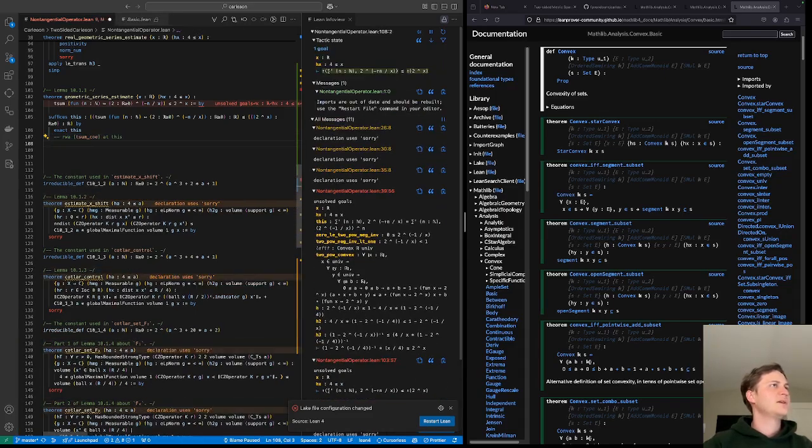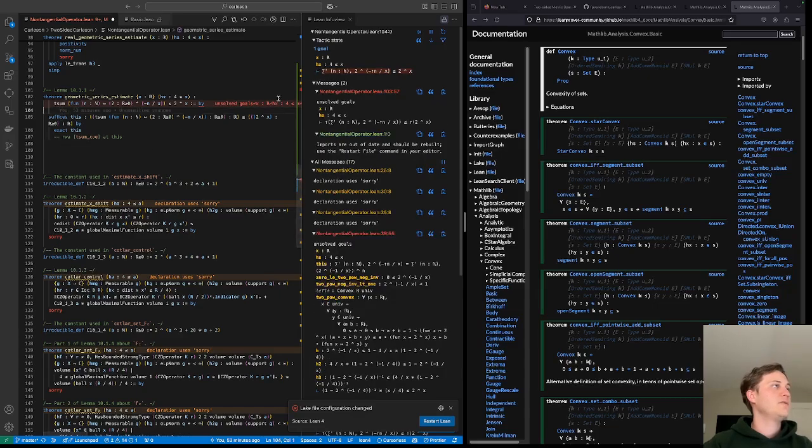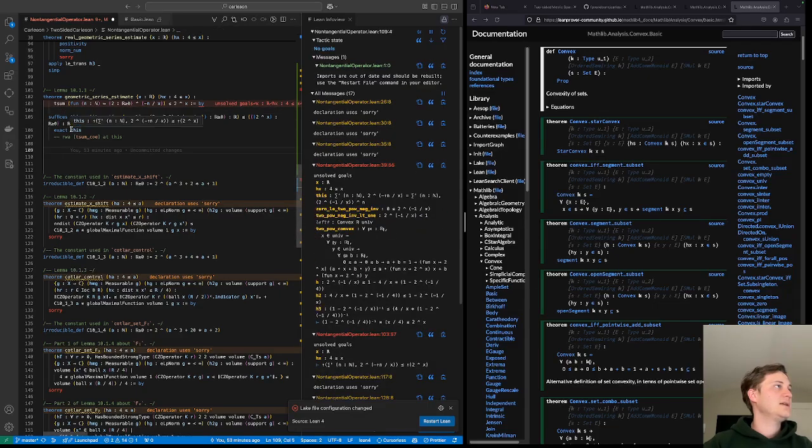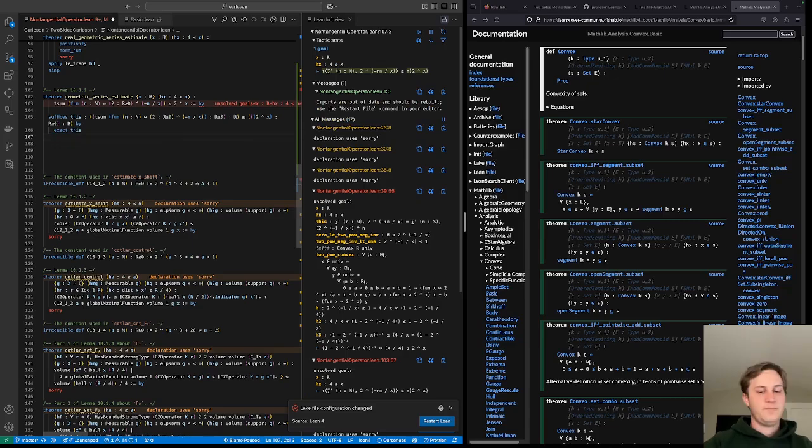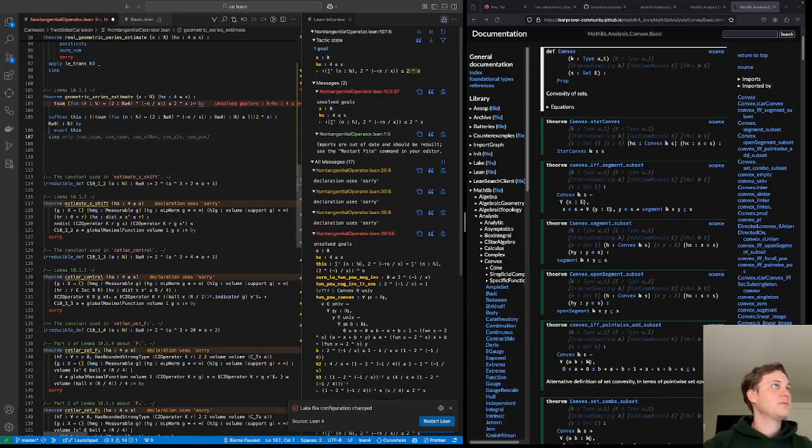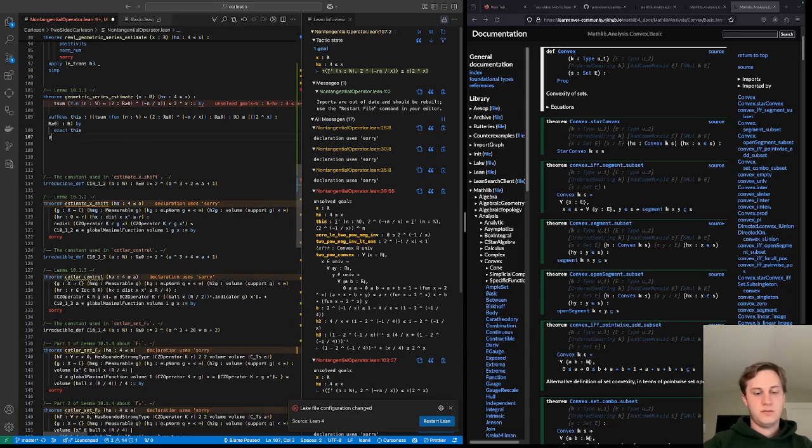Am I crazy? What just happened? Right, so I did transform the goal here. Previously this, and now, okay, I did exact, and it worked. Okay, so this all apparently worked. Great. I would suffice simp or push cast.